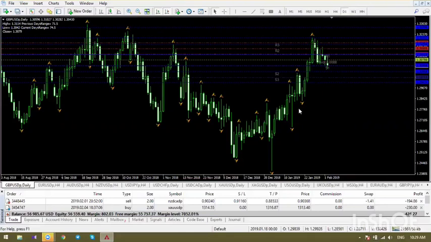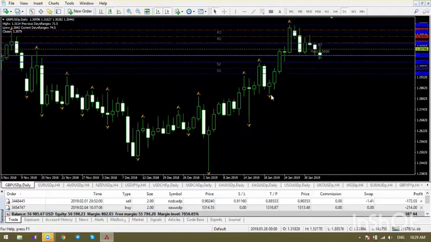These two candlesticks look very similar, but the location is very important. You see, for example, take a look at this one. Usually these candlesticks are formed after swing high or reversal candlesticks.